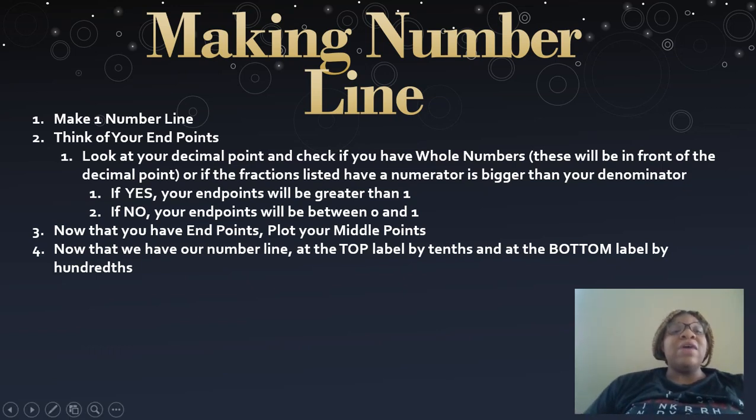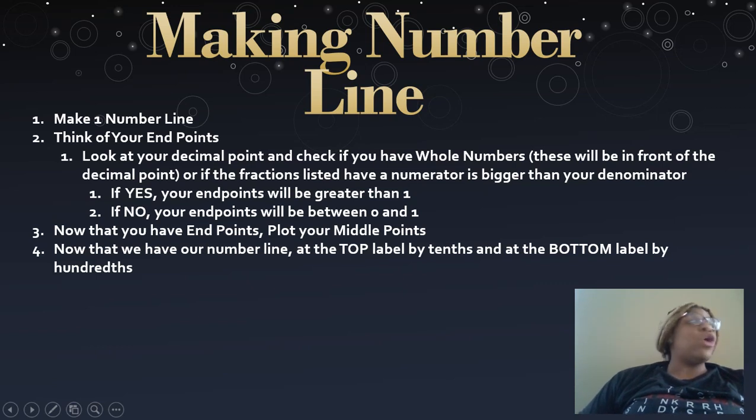So, if yes, your endpoints will be greater than 1. If no, then your endpoints will be 0 to 1. If you don't have any whole numbers, you're going to have 0 and 1. If you do have whole numbers or fractions that are bigger than 1, then you're going to have endpoints greater than 1.